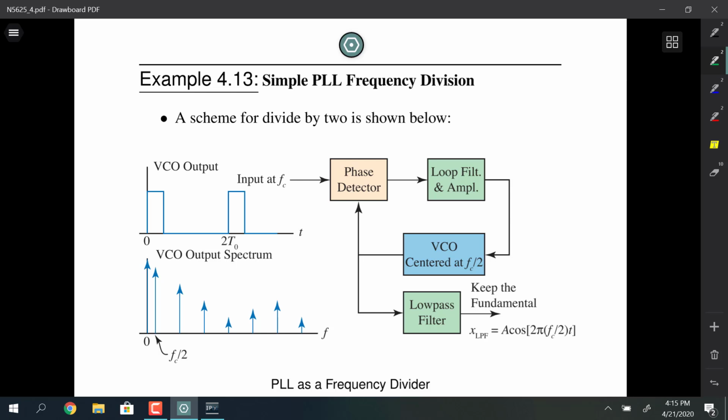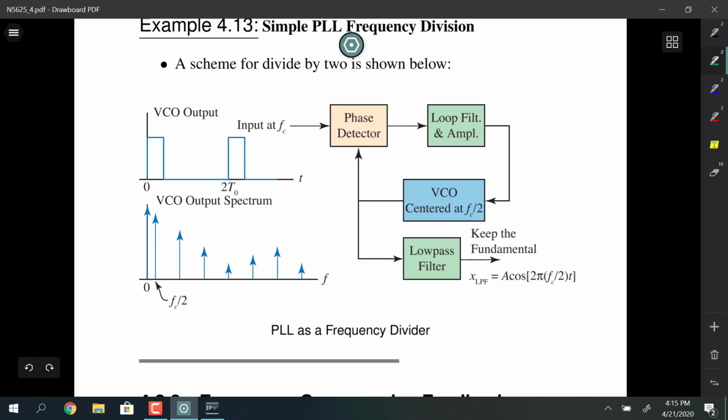You've got the pulse train is at half the frequency. You lock on to half the frequency with the half frequency VCO, and then the second harmonic of the VCO is filtered to get the fundamental. I think this might be a mistake right here. Low pass filter. No. This is to get FC over 2.